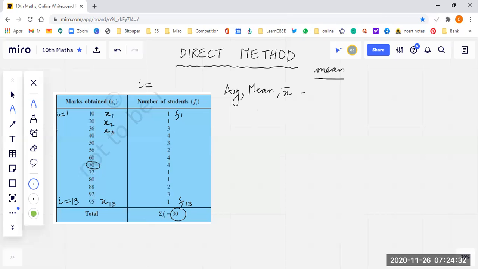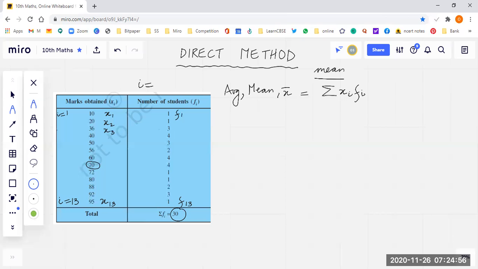Mean would be equal to summation, or call it sigma, but it means addition. So sigma xi Fi. Actually, this formula is the same as the formula we discussed in the last class. Only thing is that xi is being multiplied by Fi. Why?